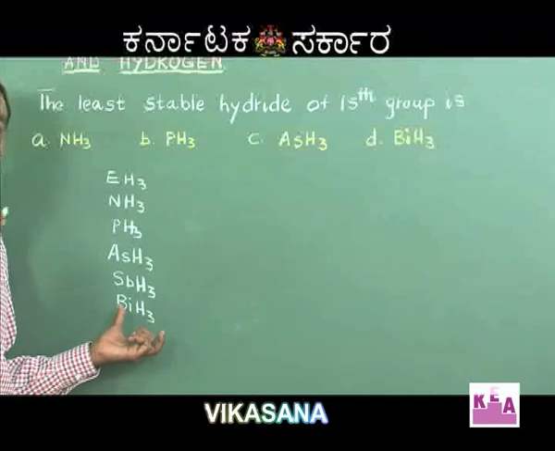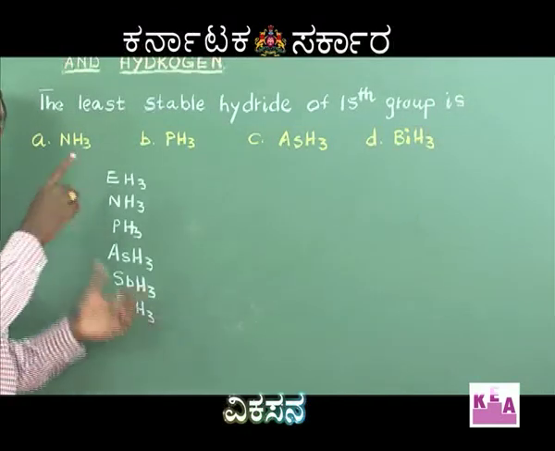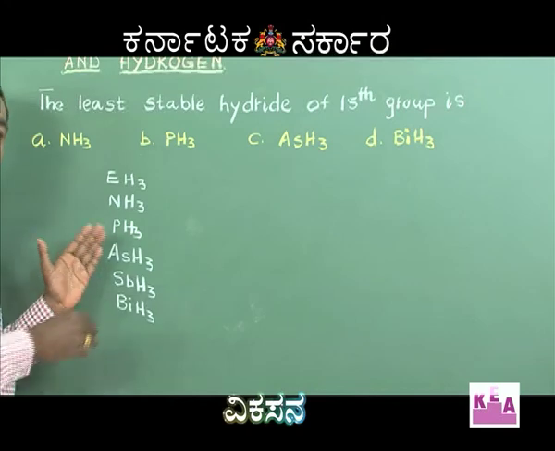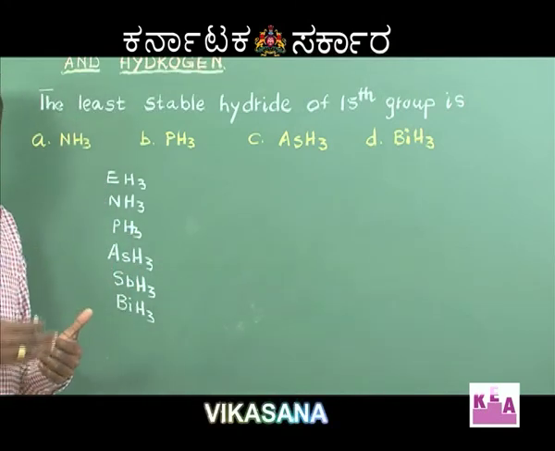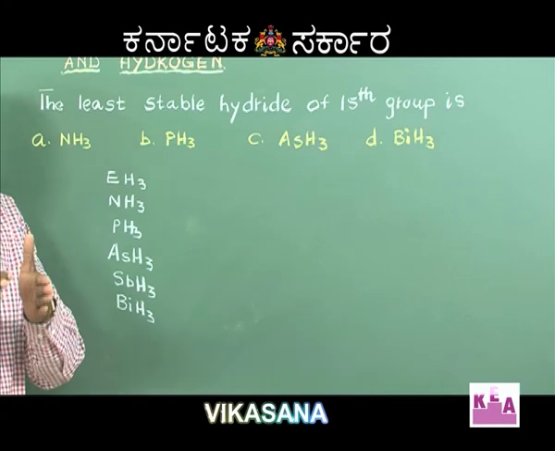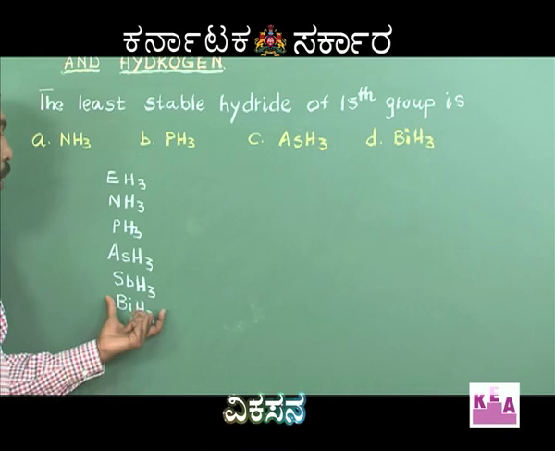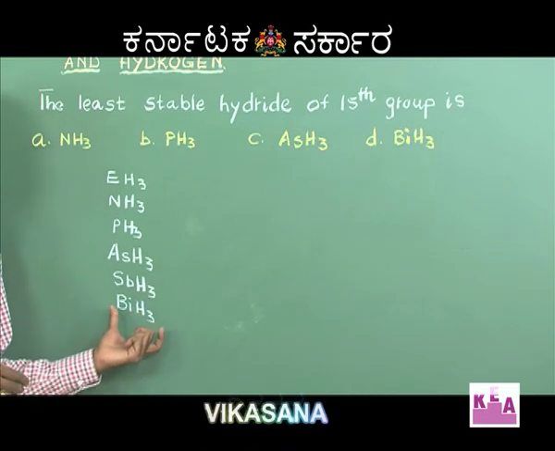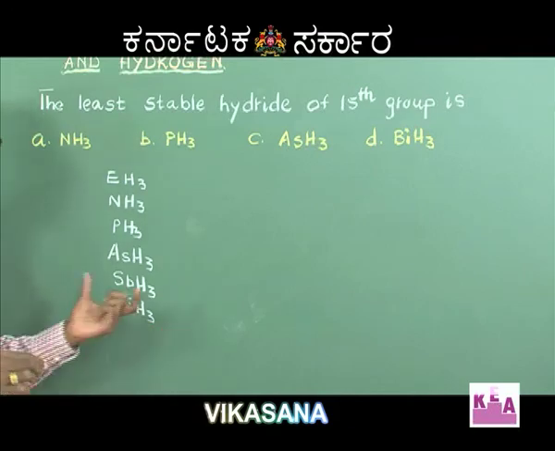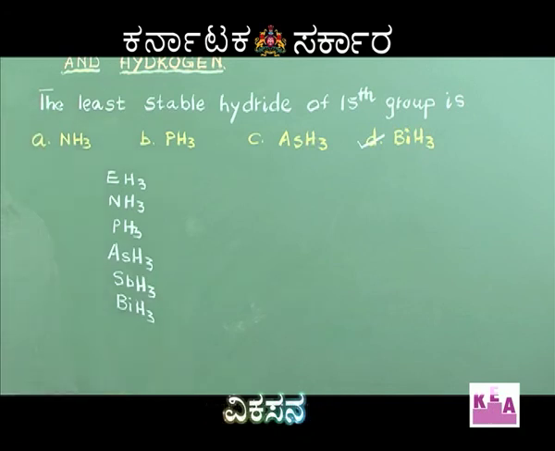Ammonia is most stable due to the presence of hydrogen bonding and its nearness to the nucleus. As I move down the group, I am moving away from the nucleus, distance increases, stability decreases. Therefore, the least stable hydride of elements of group 15 happens to be BiH3, which is bismuthine. Option D, BiH3, is the right answer.